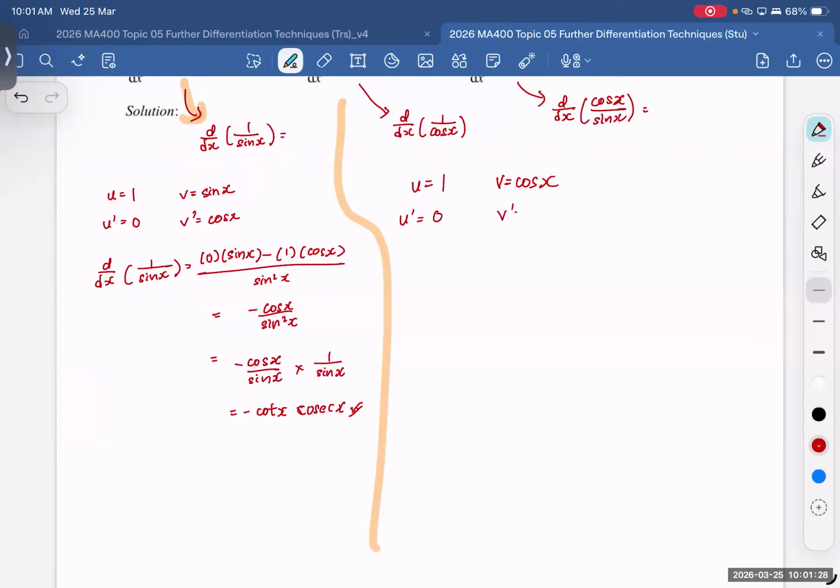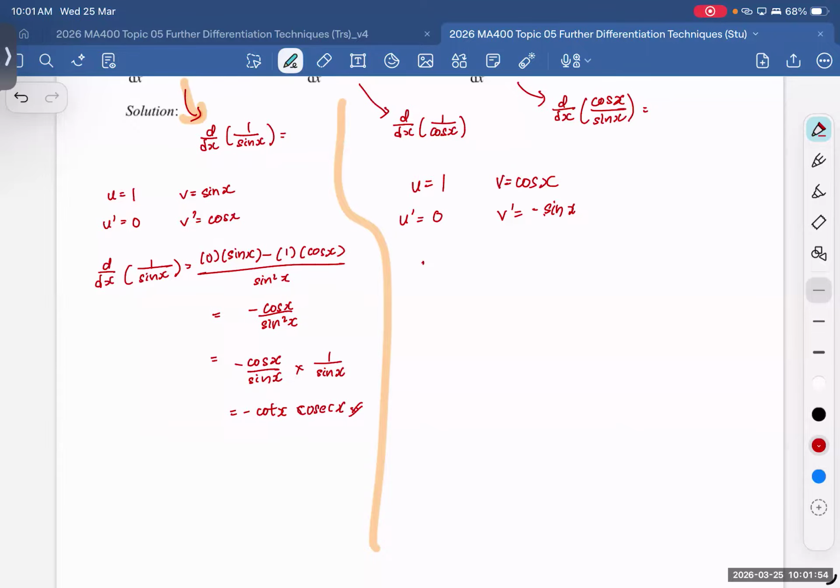What is v prime? Negative sine. So you can see that with these 2 new friends, you can conquer many places. You can actually derive and differentiate many new functions, which is so beautiful. So you go back home, you can write this on your study table. It's a very beautiful formula.